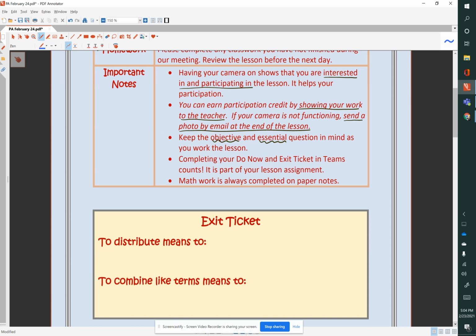To distribute means to multiply a quantity outside the parentheses by a quantity inside the parentheses.